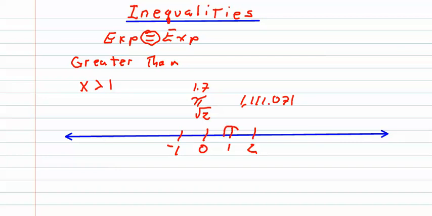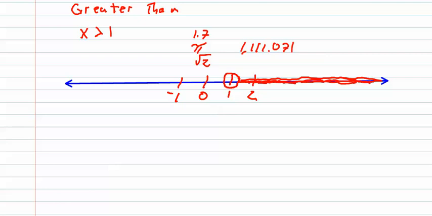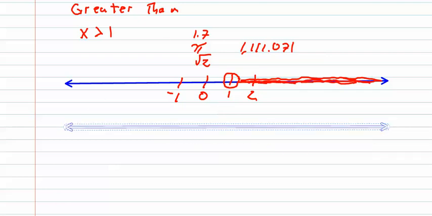We draw a circle around 1, and then we either darken this line, making it very heavy and obvious, or we do it like this. This is the way I tend to do it.